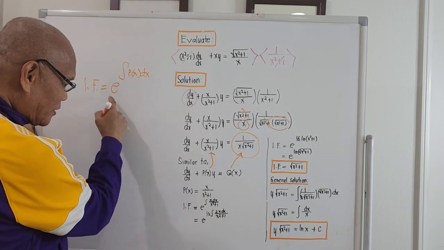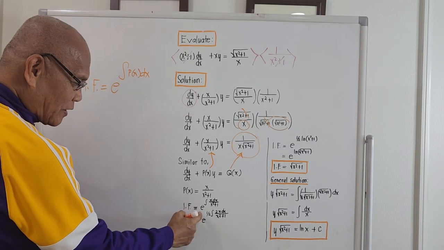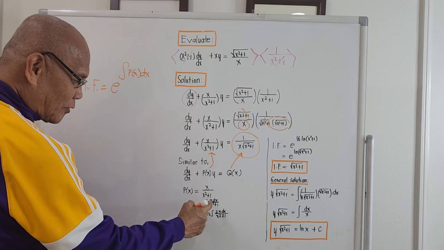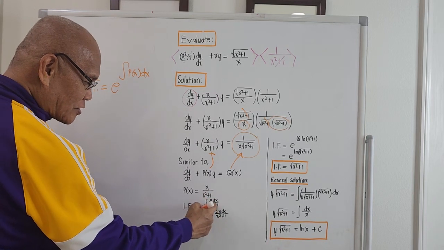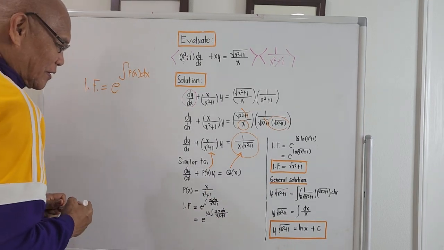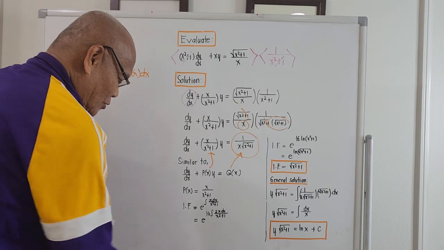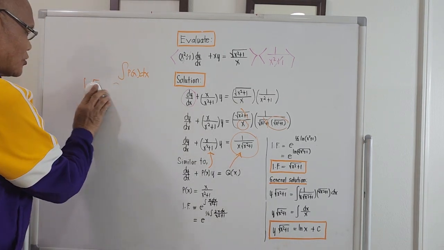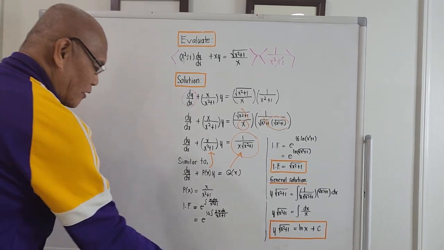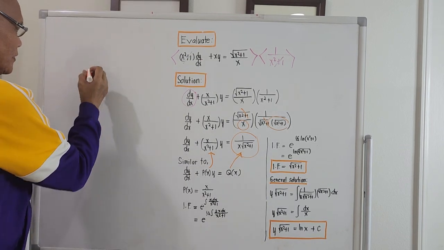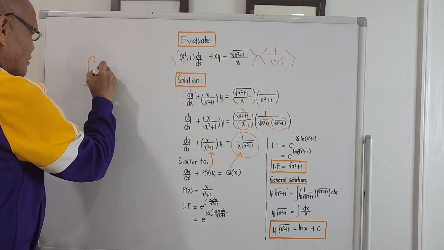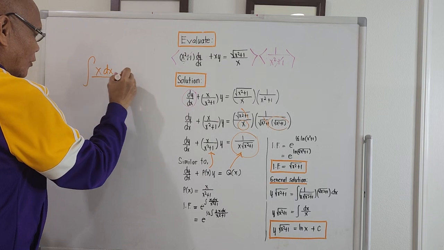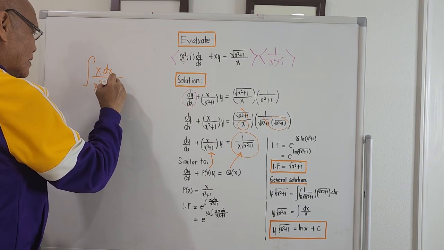So by following this, the integrating factor will be e raised to the integral of x dx over x squared plus 1. Okay? So we are now on the process of integrating the integral of x dx all over x squared plus 1.